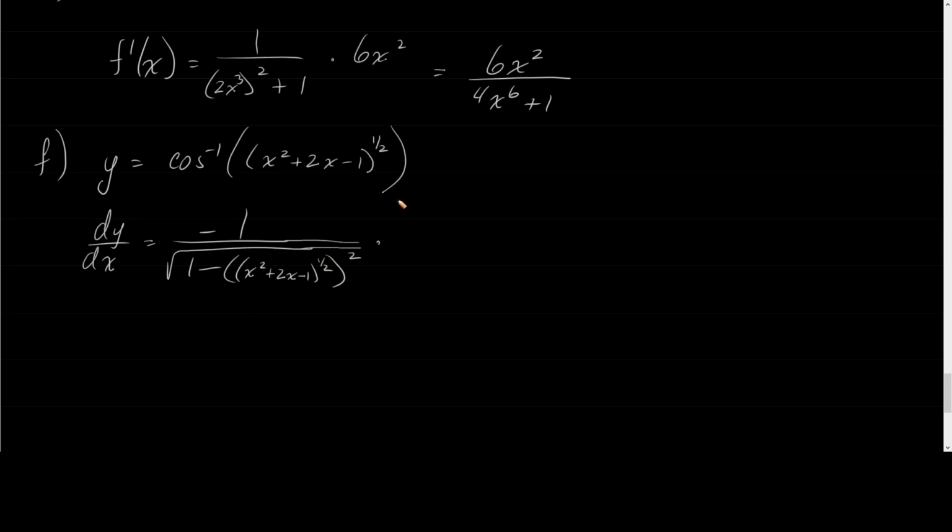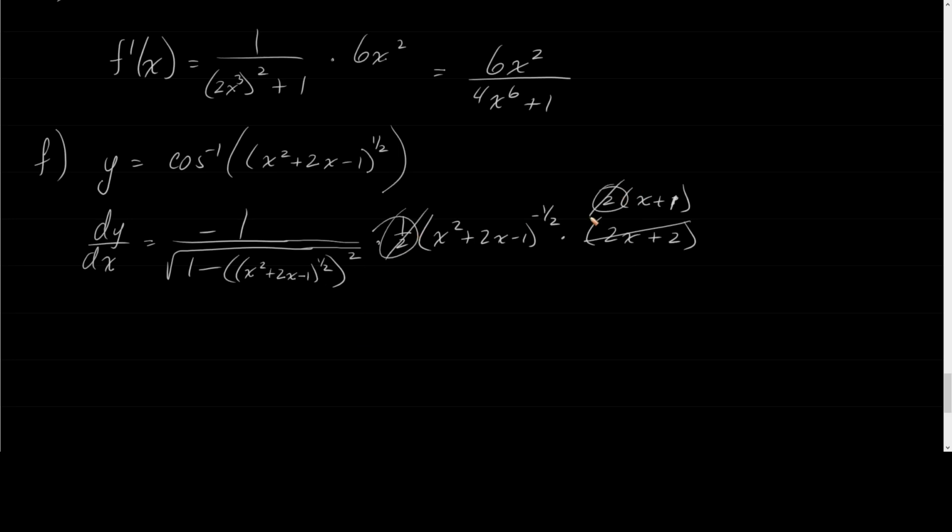What is the inside here? We need to take the derivative of this piece. So we have 1/2 times x squared plus 2x minus 1 to the negative 1/2, times, by the chain rule, the derivative of that inside, so times 2x plus 2. Notice that 2x plus 2 is really just 2 times x plus 1. I bring that up because we have a 2 here and a 1/2, so those two cancel each other out.